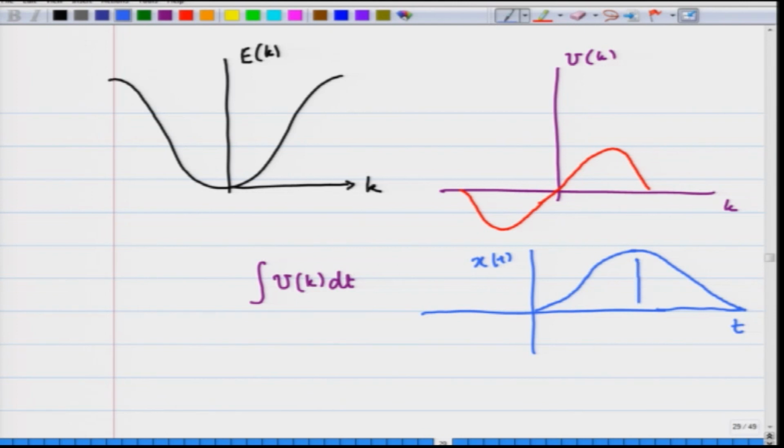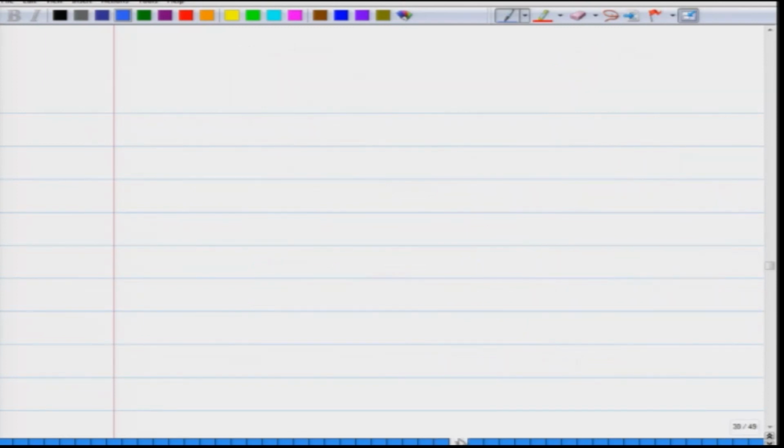So, it will be oscillating back and forth, going to an x max, and then returns, comes back to where it started from, and then starts all over again. So, it will be performing an oscillatory motion, and these are known as Bloch oscillations.